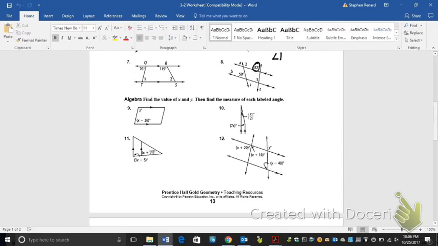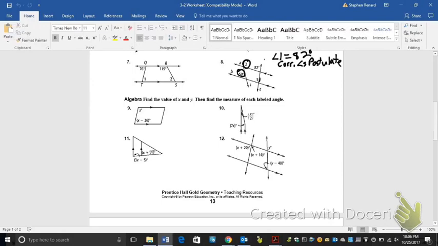Actually, I guess we're going to do the other one. We're going to say what's congruent to that 82 degrees, and we go with it. Angle number 1 is, they're both top left. So angle 1 equals 82 degrees. And that's the corresponding angle postulate, which allows us to do that.